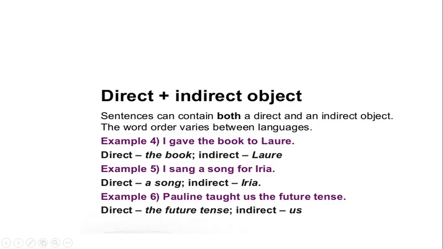As I told you earlier, the order of the words in a sentence can vary. Pauline taught us the future tense. In examples 4 and 5, you were observing that indirect objects are appearing at the end, but here the situation is different. Now, here us, that is actually an object pronoun, is an indirect object, while the future tense that is at the end is a direct object.